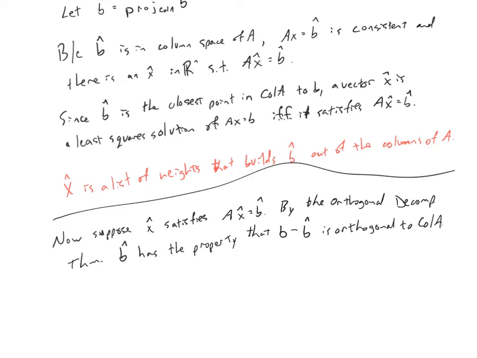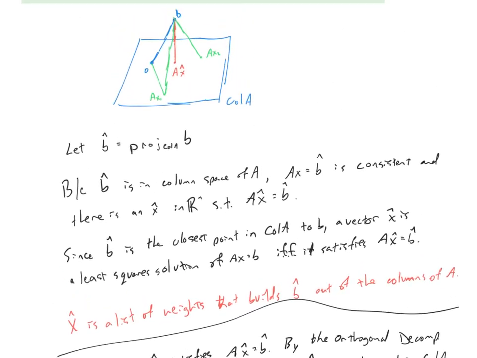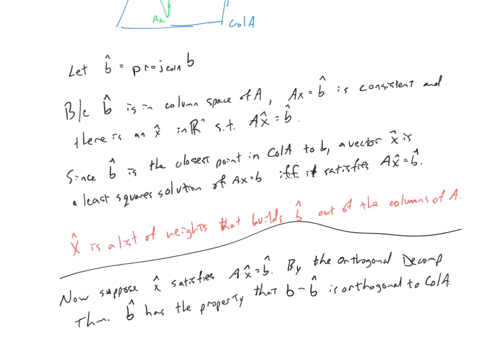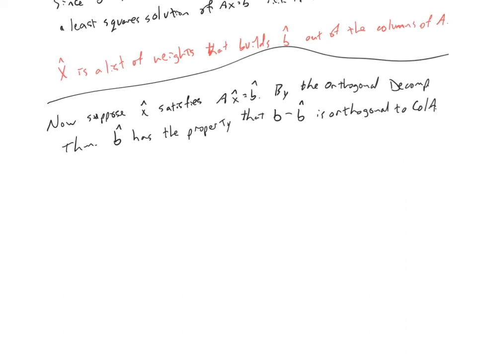Right, that's that vector. What color was it up above? That's my red vector up there. That is orthogonal to the column space. Okay, and then we can say B minus AX hat, we're just making a substitution there, is also orthogonal to the column space, right? Just make that substitution AX hat equals B hat.